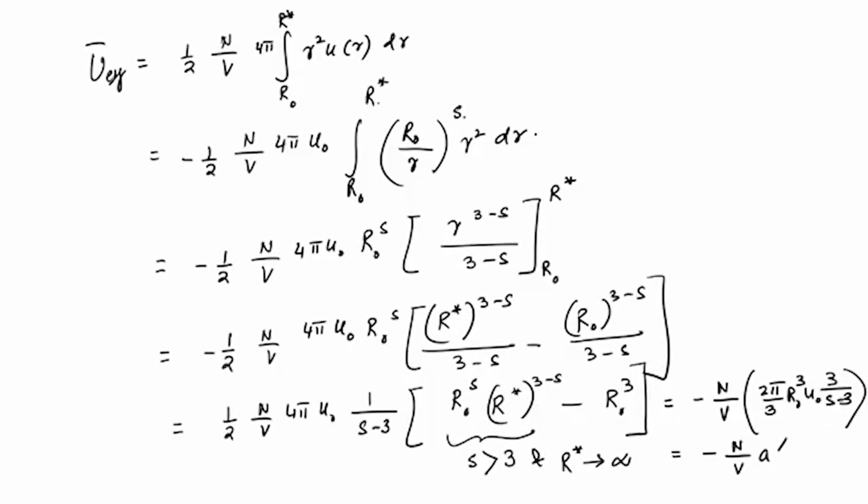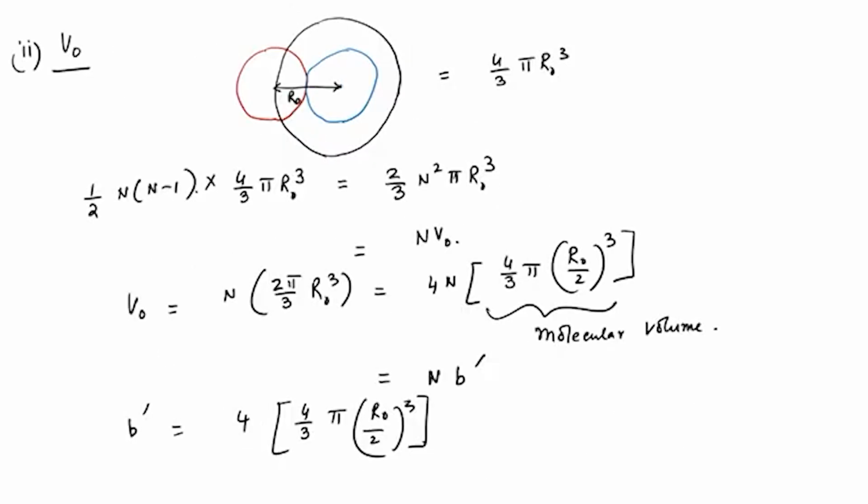Your u effective, this is equation 2, which is minus N by V into some a prime, where a prime is given by this quantity. Also we have V 0, which is given by this quantity, which is N b prime. Let us call this equation 3. So, we have 2 and 3, and with that we are going to put them in 1.